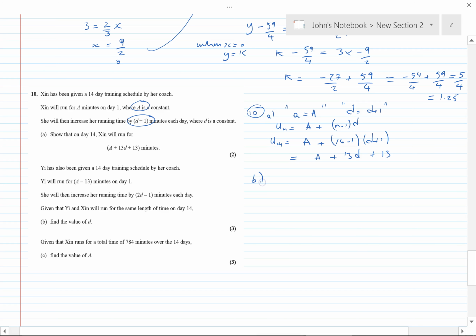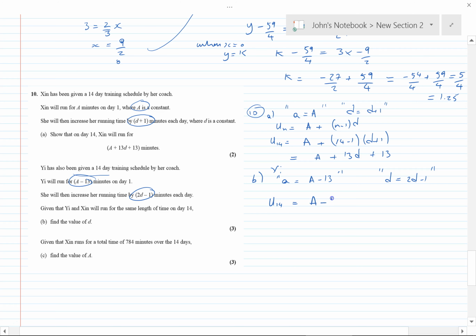Second part, B. Yi has been given a 14-day schedule by a coach. You will run A minus 13 in this case for Yi, and has a common difference of 2d minus 1. So U14 in this case, because we're not asked to show it, we can just write it out because it's pretty obvious really.